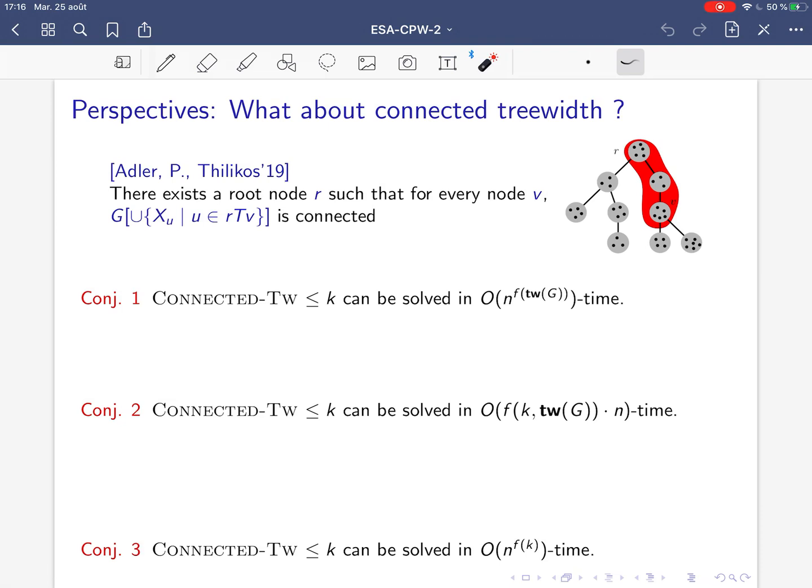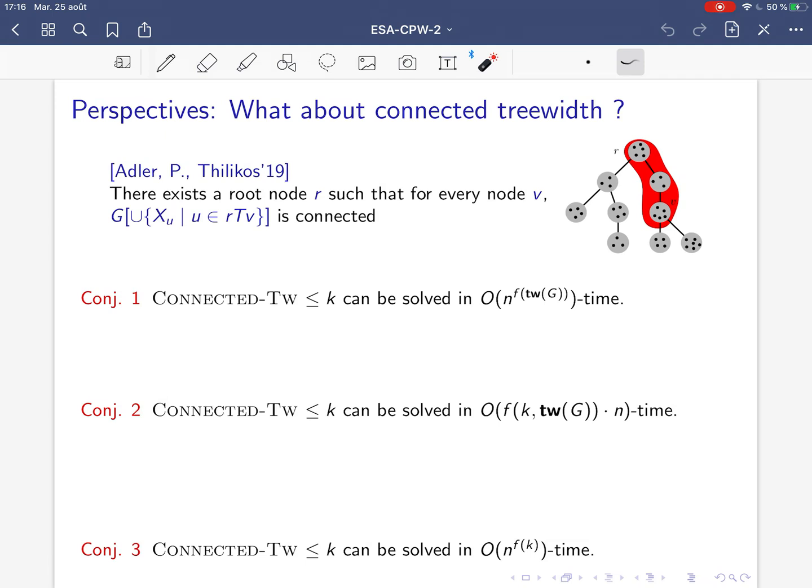In the context of the path decomposition, the root bag R is one of the two extremities of the path. So you fix one root and you request that every path from a bag to the root bag induces a connected subgraph. And again, you can express the connected path width, the connected tree width, as a Cops and Robber game.